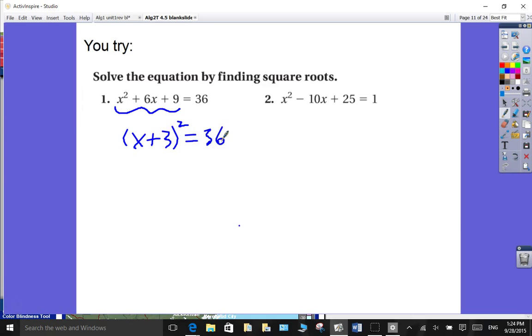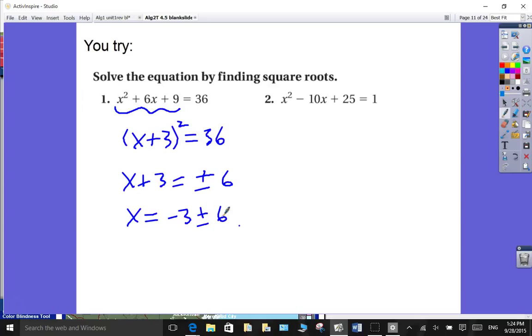Now that we've solved for the squared term, what do we do? Take the square root of both sides. So now we get x plus 3 equals what? Plus or minus 6. But you still haven't solved for x. Last step, subtract 3. So it's x equals negative 3 plus or minus 6.